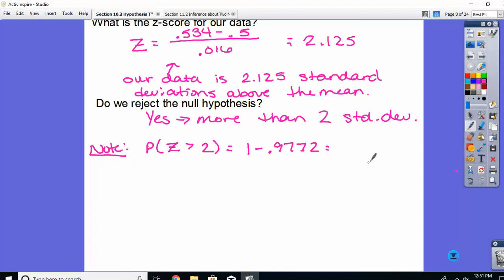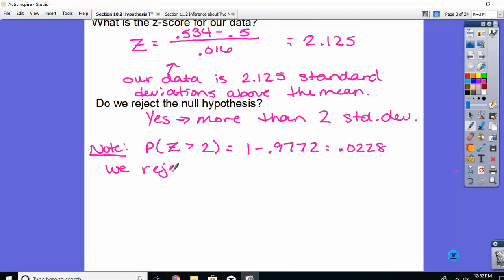So the probability of being more than 2 standard deviations above the mean, there is only a 2.28% chance that you would be above that. So if I'm 2.1 standard deviations, I know there is less than a 3% chance that that happens. So is that unusual? Yes. That is kind of tying it back into what we did before. If you're looking at the probability, that is unusual.